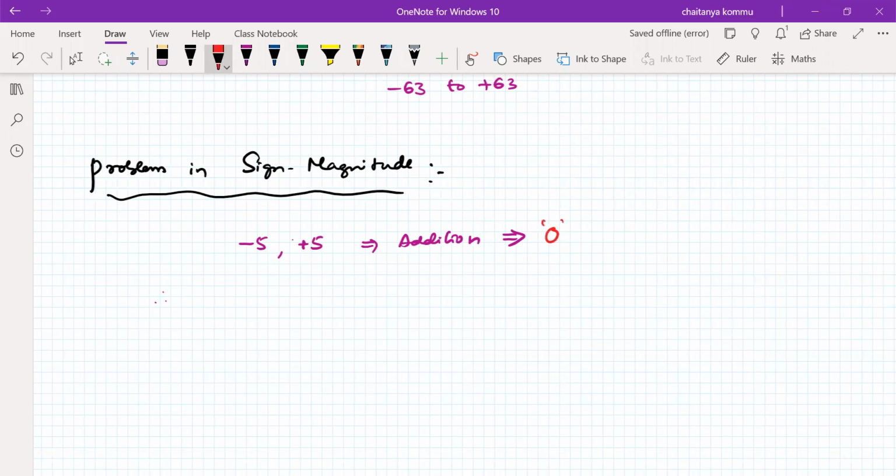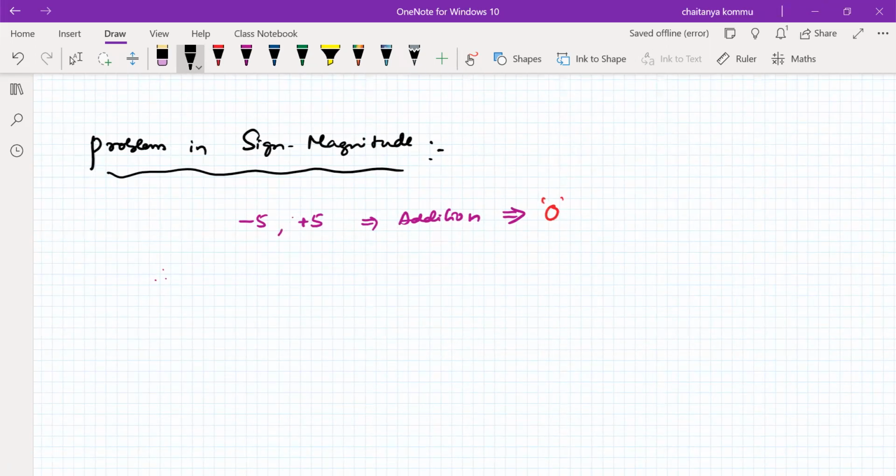Agreed? Now, if we use the sign magnitude representation methodology, then what will happen? See, minus 5, how do we represent? 101, but we keep the MSB position as a sign bit.